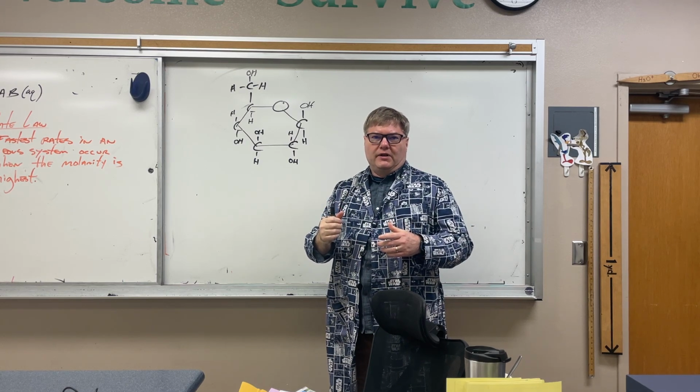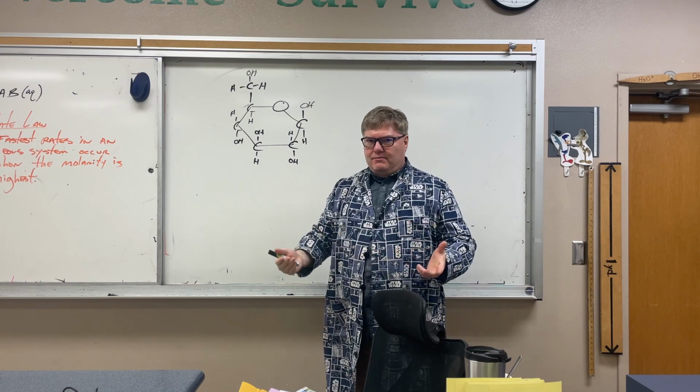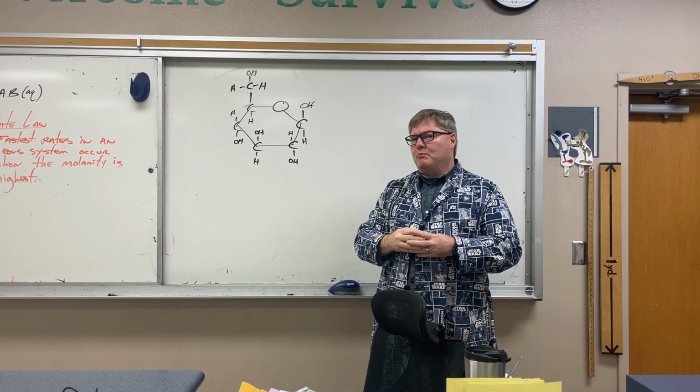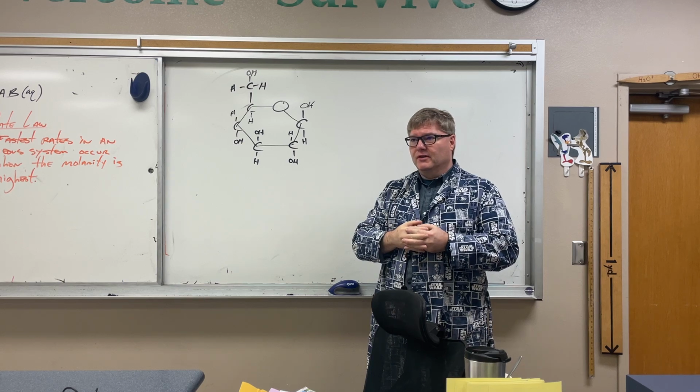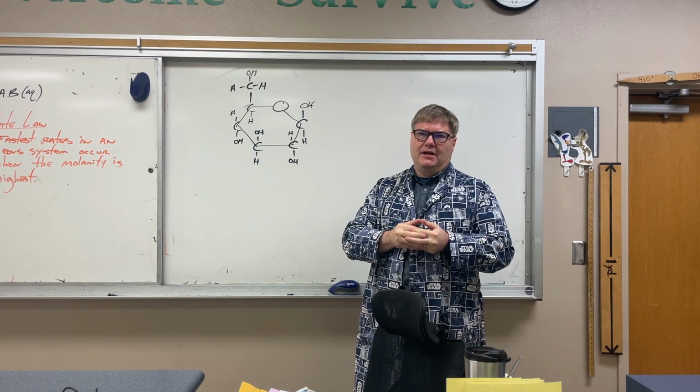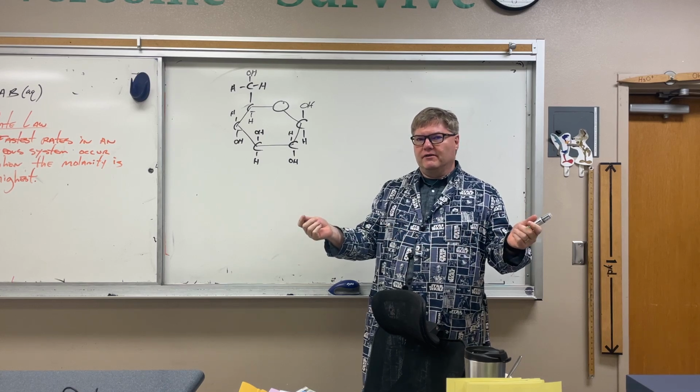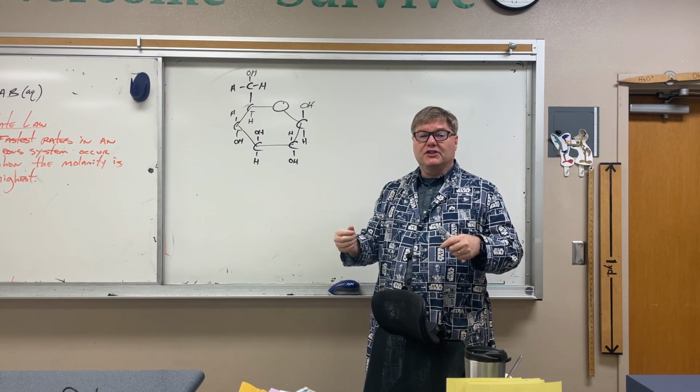Glucoses, when we eat them, we are rarely just eating a glucose molecule. We're eating a polymer of glucose, a carbohydrate. And a carbohydrate is going to be a long chain of glucose, such as starch.